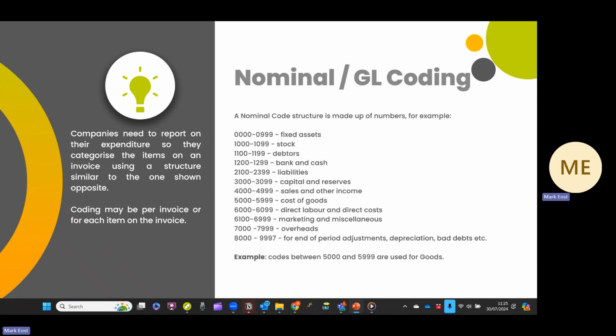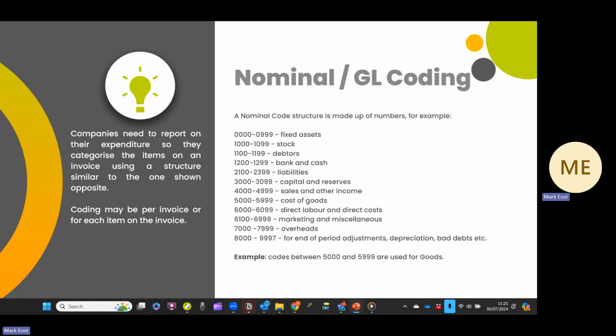With a business, it's fundamentally the same, but they use numbers typically to identify the type of expenditure. So if we look down here, kind of just slightly to the bottom, you will see some numbers 5,000 to 5,999. And that, in this particular case, demonstrates that they are the cost for goods purchased.